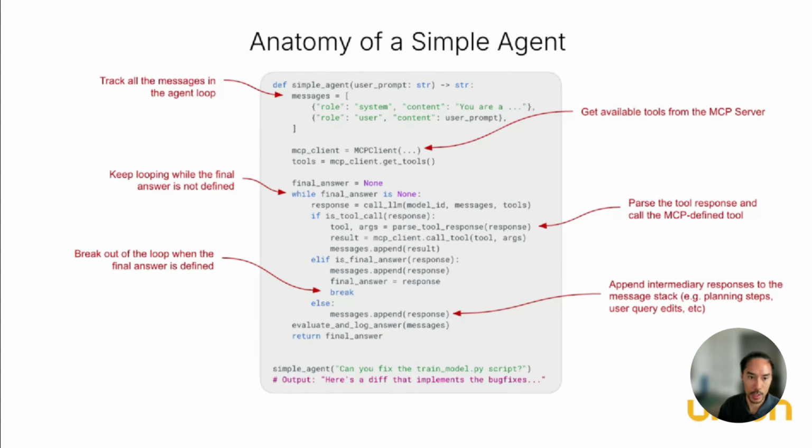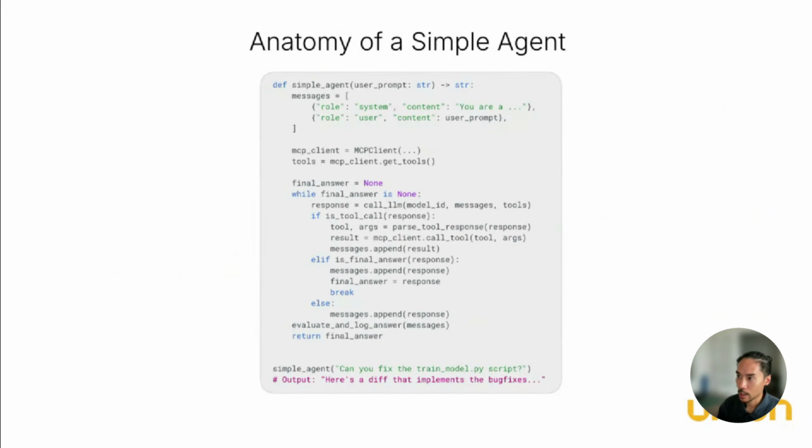It could be just a message that tries to reason through what the planning steps would be, which then lead downstream to additional steps. This is all depending on the system prompt, right? The system prompt might tell the agent to take vague questions from the user and edit them. Again, this is all kind of hand wavy at this point, but at a high level, these are the three steps you would take inside of this for loop. And then finally, you would evaluate and log the messages.